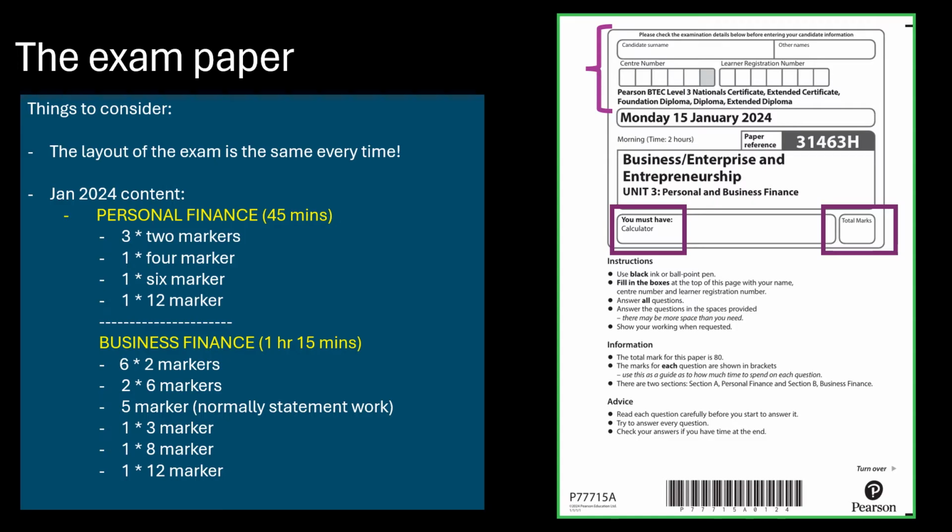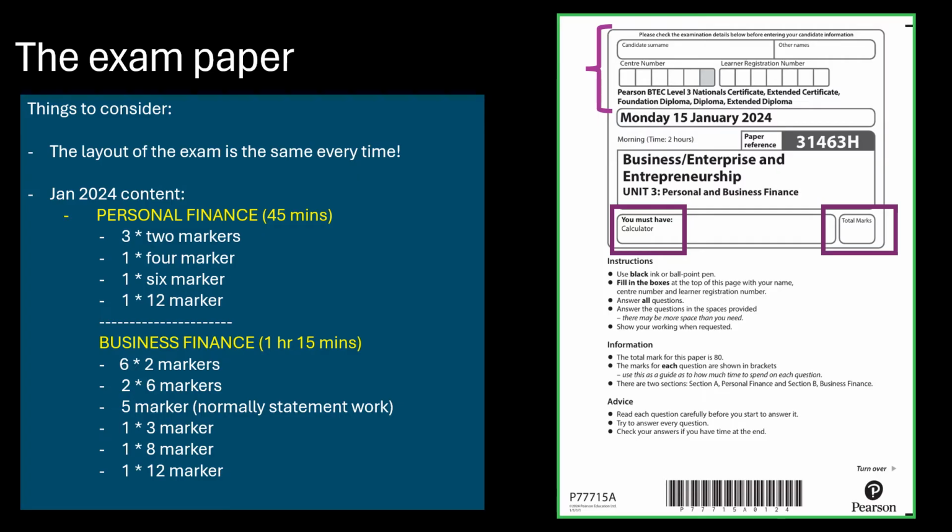A couple of things to consider. The layout of the exam is the same every time, so what I'm telling you now is roughly what it will look like when you come to do it, either in the May or the January in the future. The January 2024 content looked like this, and it's important to note that it's in 2 parts, section A and section B. Section A is always the personal finance, and they recommend that you spend 45 minutes on section A, so make sure you're keeping an eye on your timings.